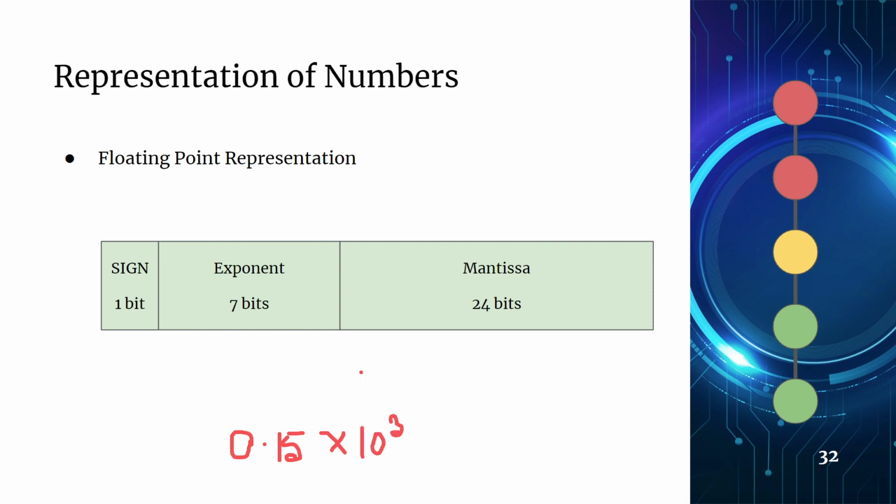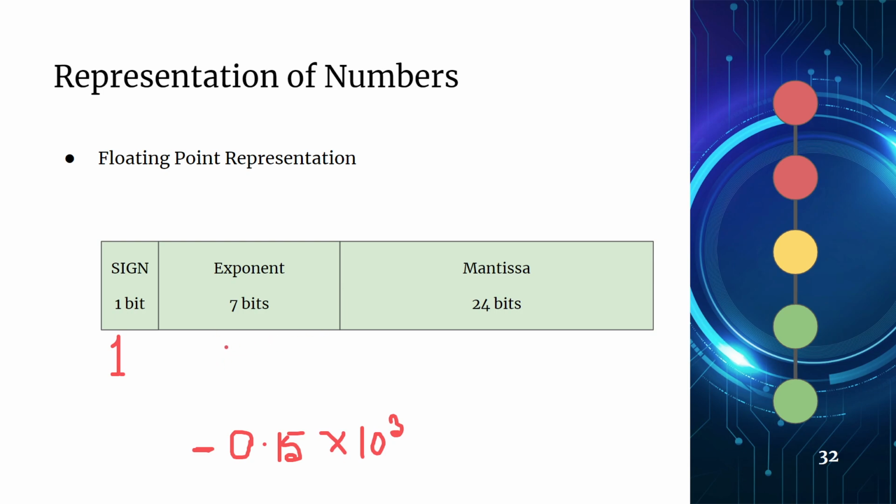If we can express it like this, we can easily say that, okay, let's give it a minus as well. So this is a minus. So we can easily say that in the sign bit, for my minus we store 1. Suppose for 15 we may store the binary number of the 15 in 7 bits.